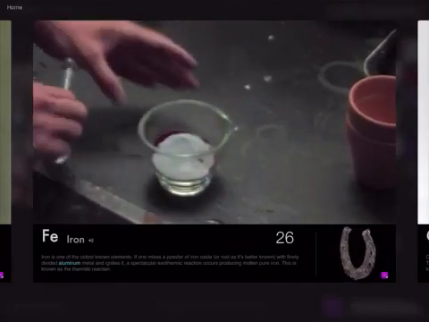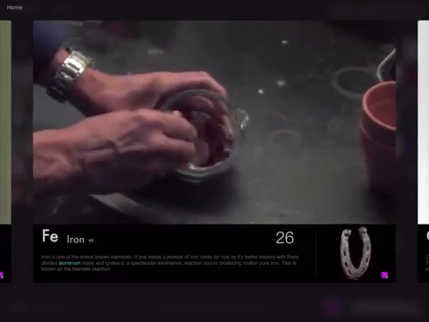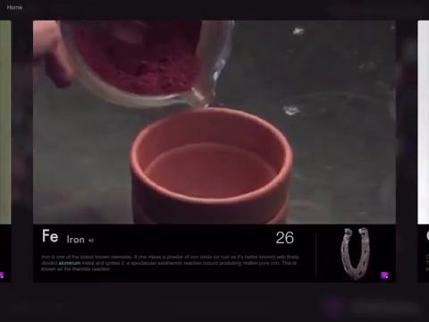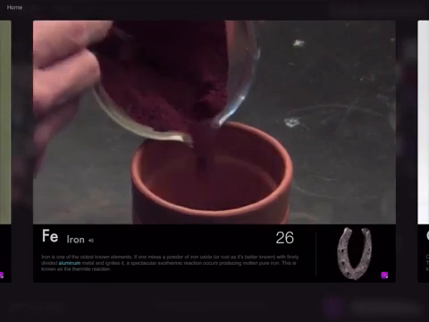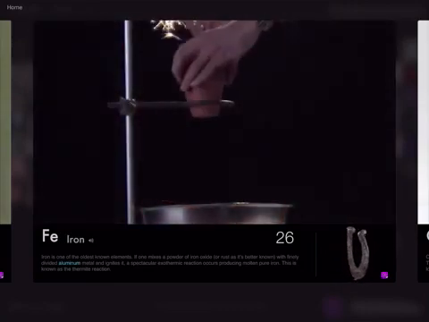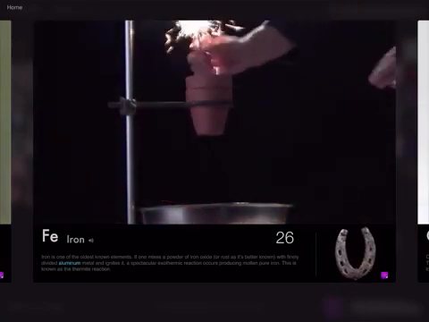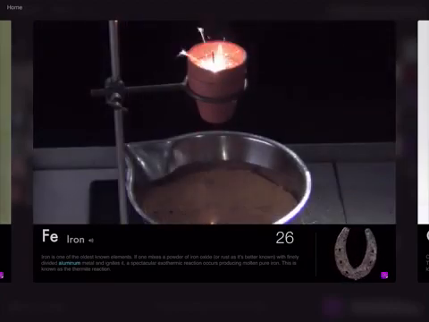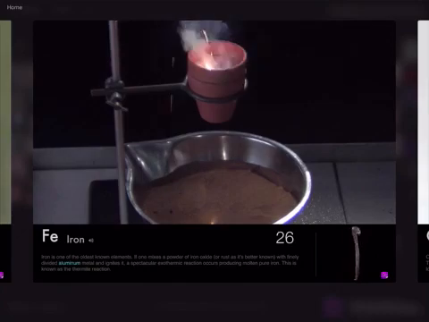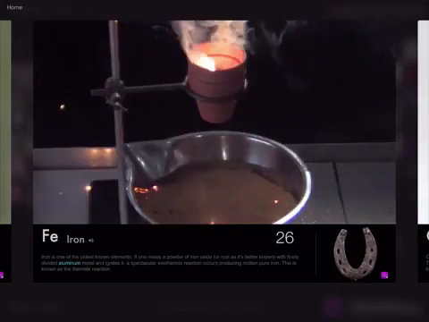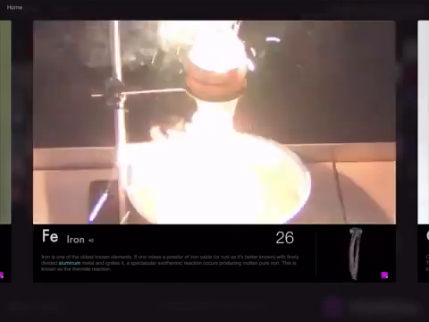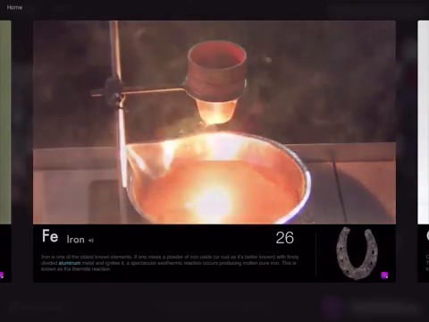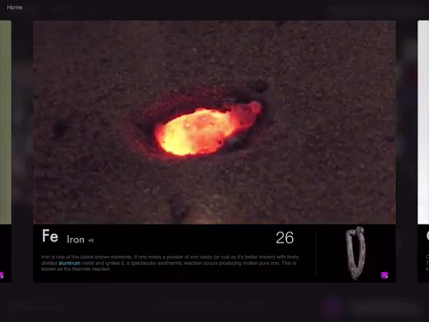And see the red stuff, that's iron oxide. You mixed up aluminum powder and iron oxide, and you have activation energy in the form of a sparkler. And now you have a thermite reaction right there. It's very explosive, and it makes iron.